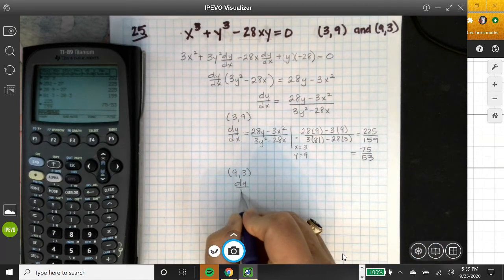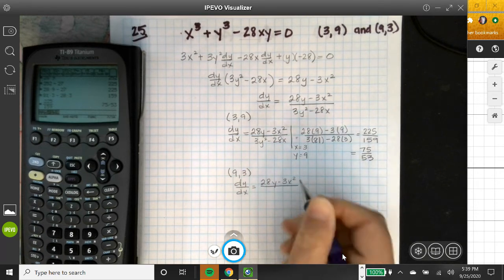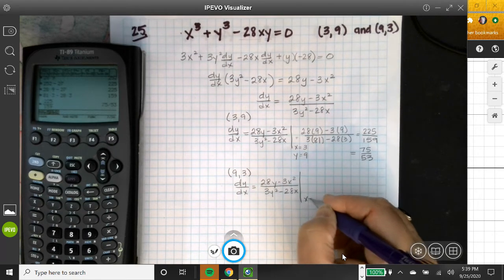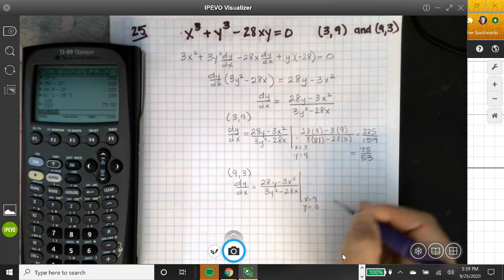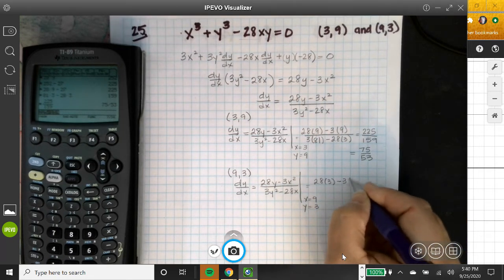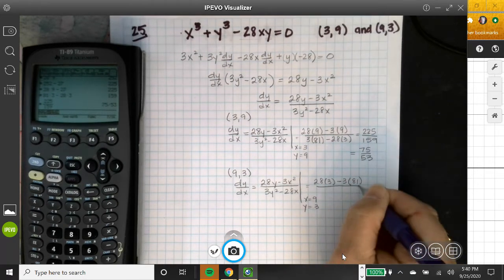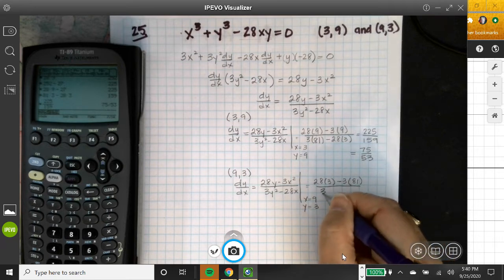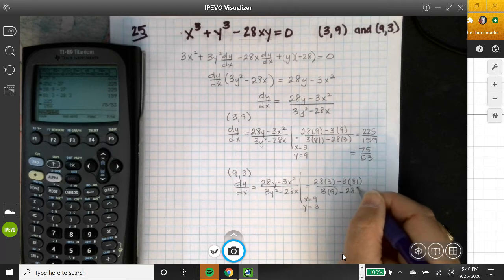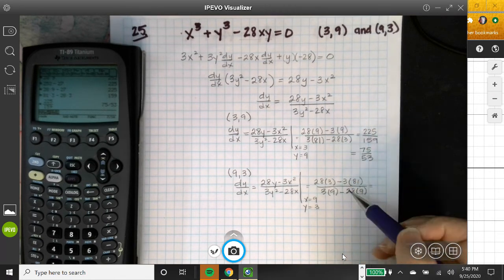So dy dx is equal to 28y minus 3x squared all over 3y squared minus 28x, such that x equals 9 and y equals 3. And that's going to equal 28 times 3 minus 3 times 81 all over 3 times 9, because that's 3 squared, minus 28 times 9, which almost looks like the flip of this.